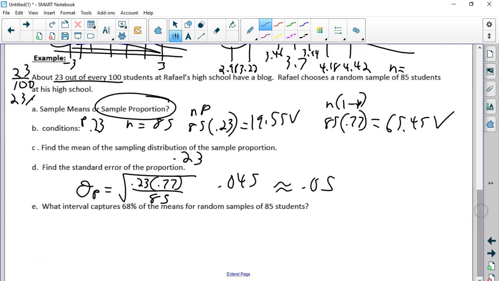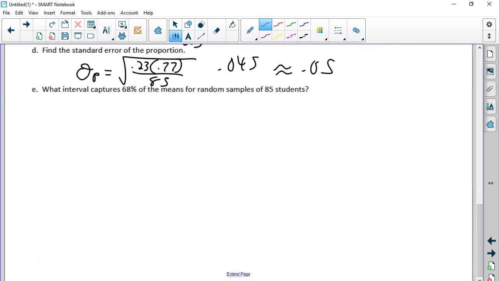And then what proportion, we're almost done, captures 68%? Well, remember, 68% is between +1 and -1. So if we start at 0.23, and we go up 0.05, 23 cents plus 5 cents is 28 cents.